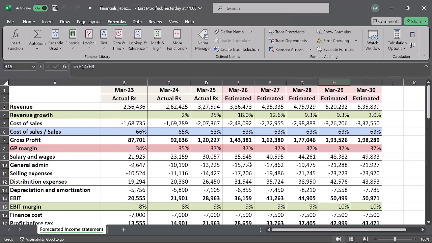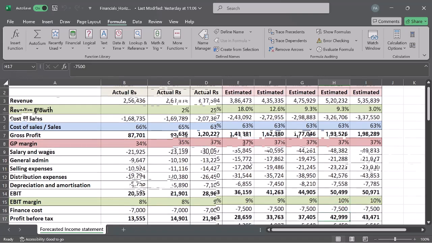Then we have the EBITDA margin, EBIT margin. This is also more or less 8%. There is not a big variation here. Here also the variation cannot be very high. The gross margins and the EBIT margins have to be within a certain limit, unless there is a reason for it.